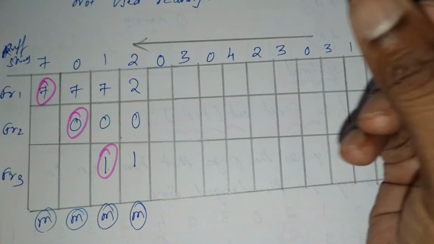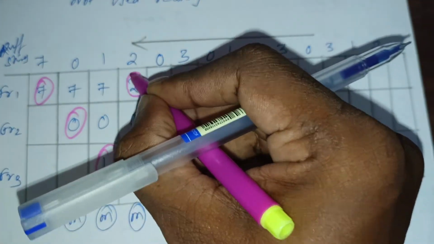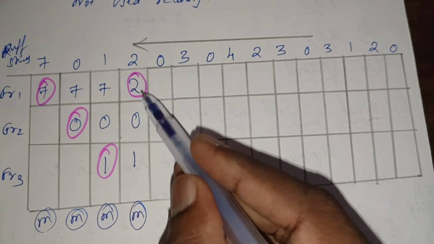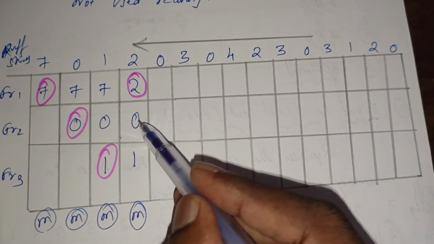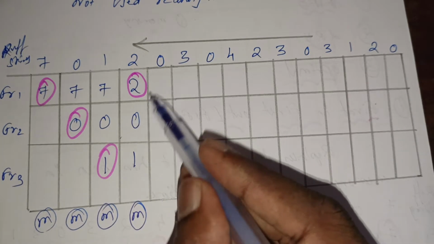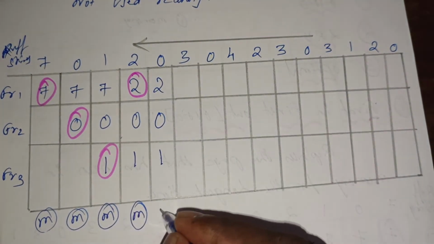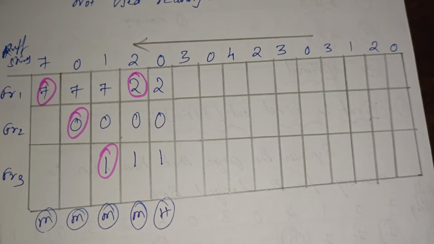Now I am going to mark this 2 because it is used recently, right? Now 0 is coming inside, so 2, 0, 1. 0 is already inside this frame, so it is a hit. So 2, 0, 1 is a hit, right?